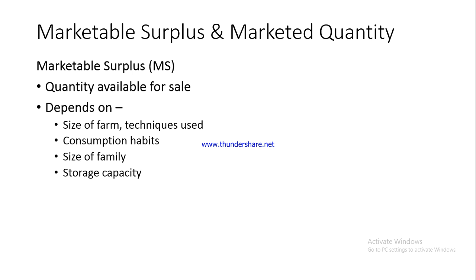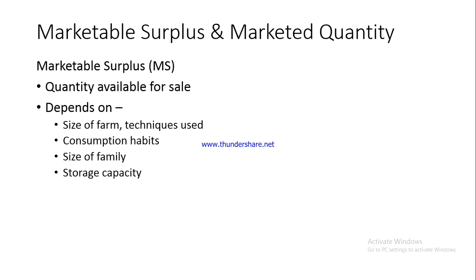Why? Because he would keep aside a smaller portion of the paddy that he has produced in his fields for the consumption by his family. Why? Because the family generally has wheat and products made of wheat, and they only have rice, let's say, just once in the afternoon.